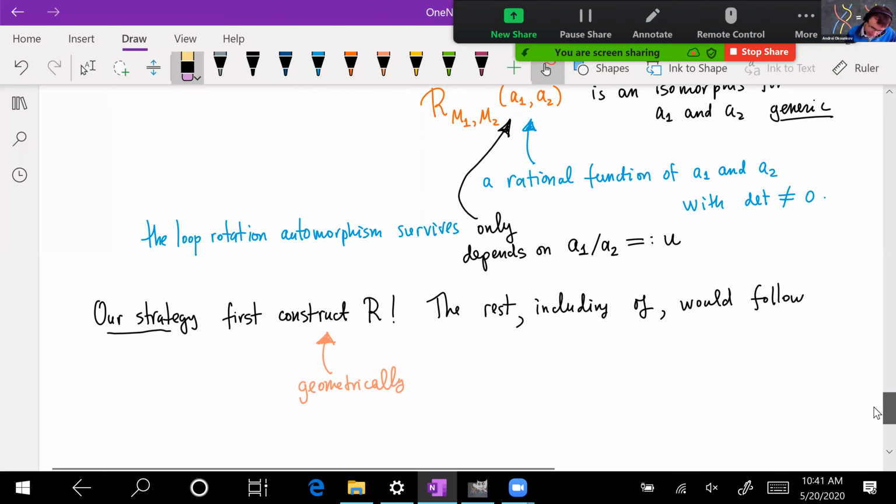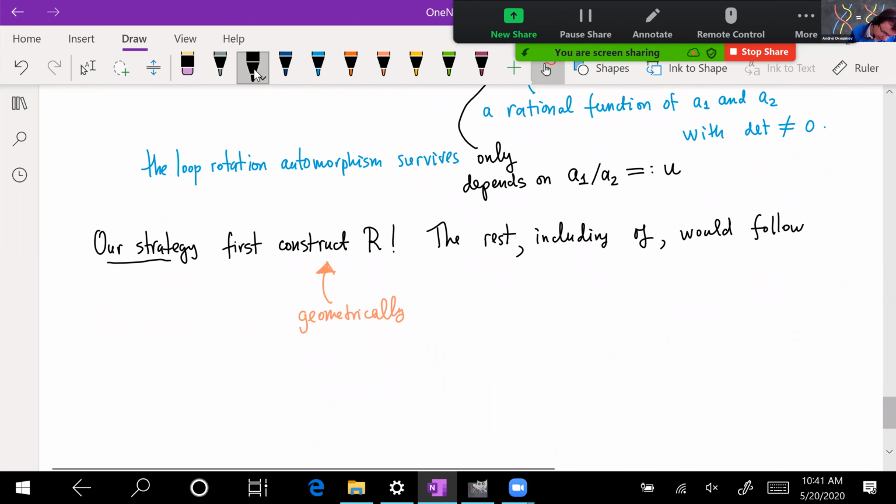And so what are the relations? R will satisfy the following relations.